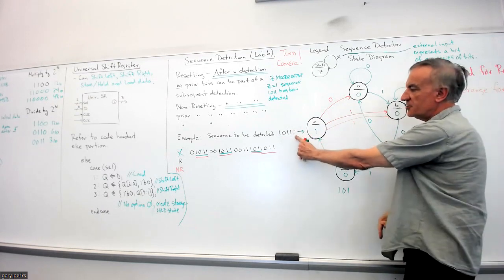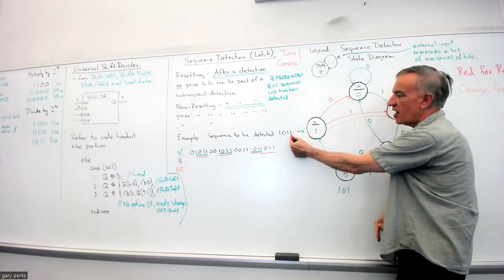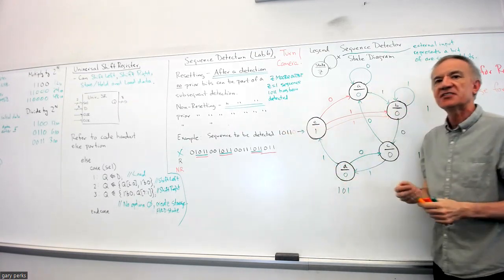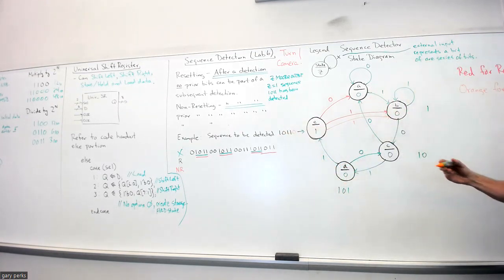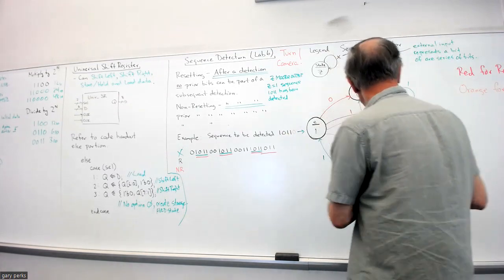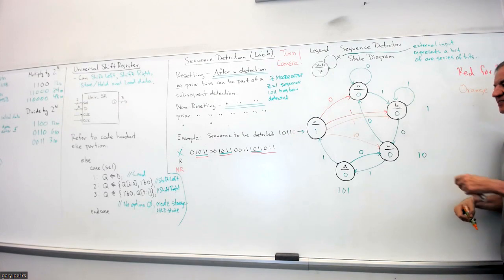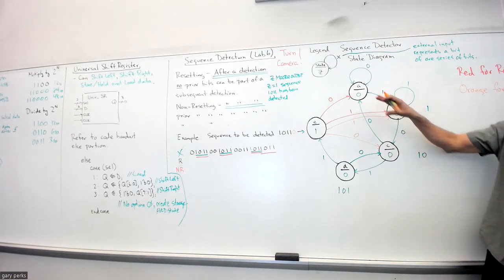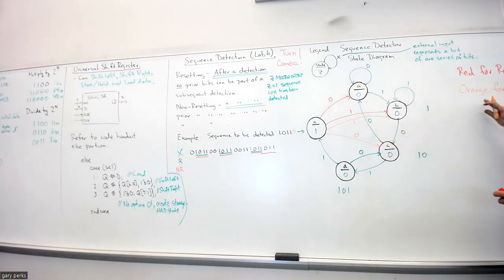Because if it's non-resetting, I can include a prior bit. So I would include this 1, 0, which is the first 2 bits of the sequence I'm looking for. So if we got a 0 after the detection, we would go to C because it takes a 1, 0 to get to C.